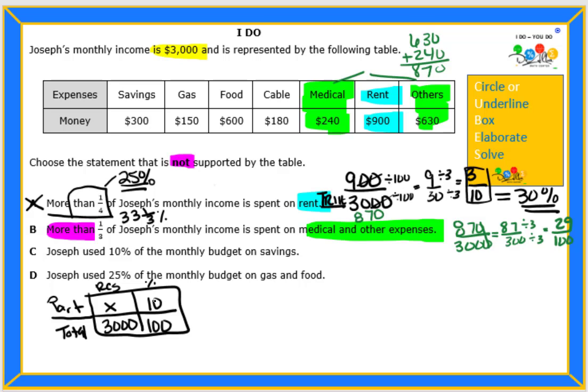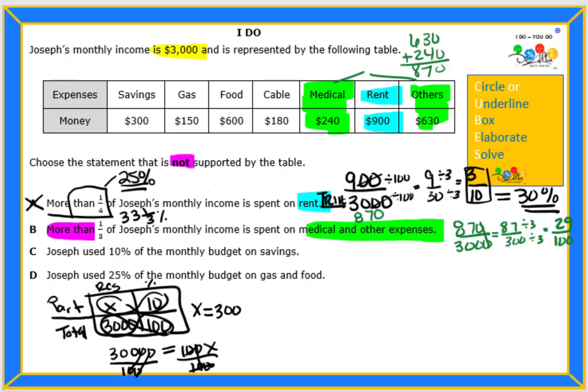So if we solve that, we could use our cross products. 3,000 times 10 is 30,000, and that's equal to x times 100, which is 100x. So if we divide by 100, we will eliminate the coefficient, but I have to divide by 100 on the other side, which will give us 300 divided by 1. So x is $300.